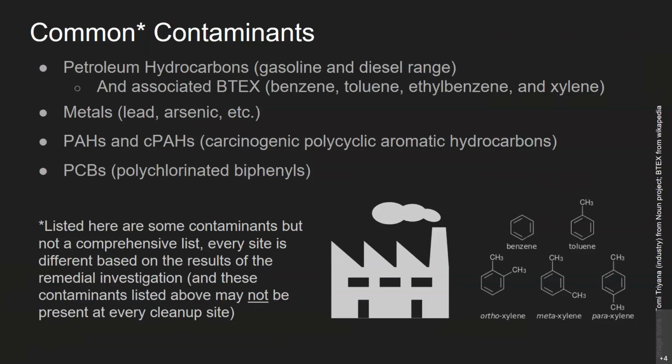Then there are other things that are not so exotic, like metals. Lead, arsenic, that stuff is pretty ubiquitous in the environment, whether it was placed there by human activity or not. Arsenic, for instance, is fairly common. It sounds and is nasty, in fact, but it's actually fairly common in the environment. It doesn't necessarily have to be the result of a cleanup or spill or something like that.